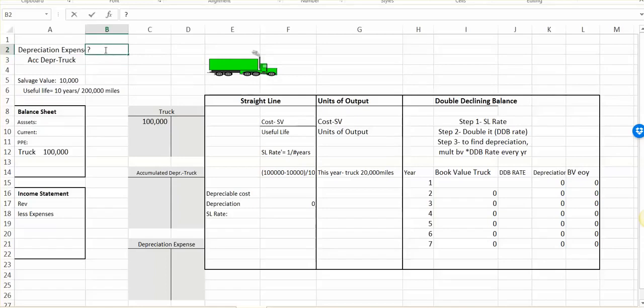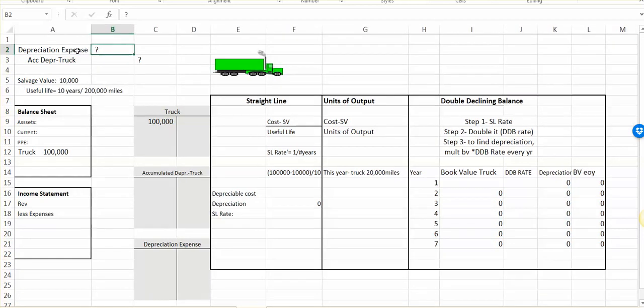Here, I'll just put a question mark. And in previous chapters, that amount was given to us. Depreciation expense would be the cost of using that truck for a particular year. That would be the adjusting entry.